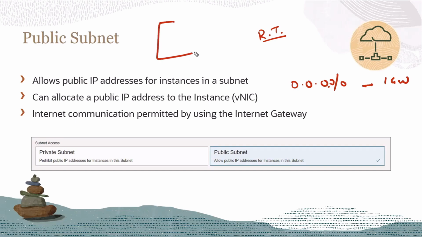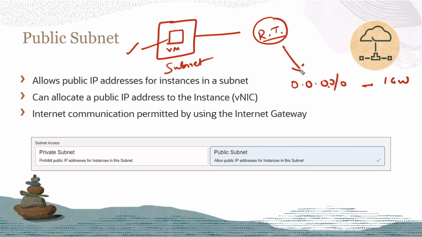And what we need to do, let's say we created a public subnet, then we deployed virtual machine instances, enabled public IP address for the VNIC, then associate this subnet with the route table having this route entry. Now, one more thing that you need to take care of is you need to open up security rules, network security group and security list. Ideally, subnet is associated with a security list, and then you can basically communicate with the internet.